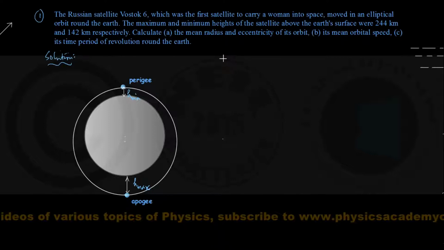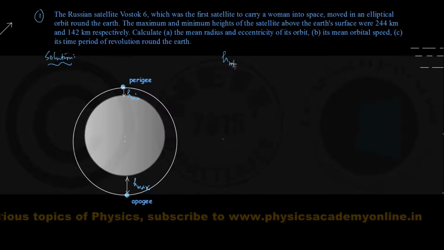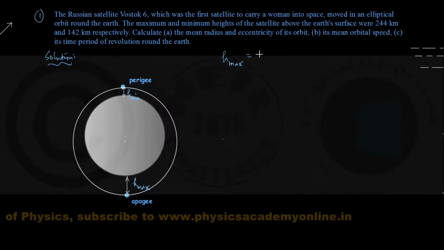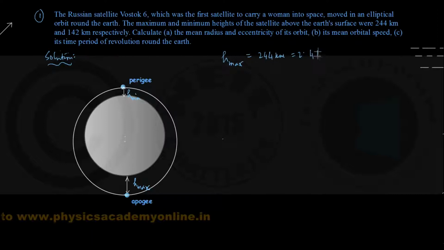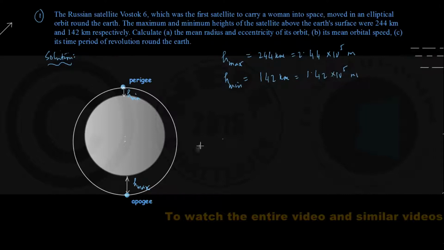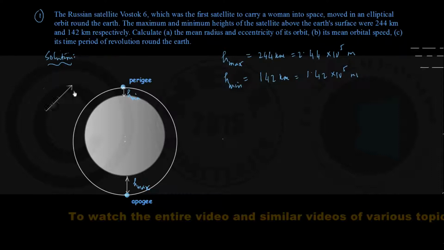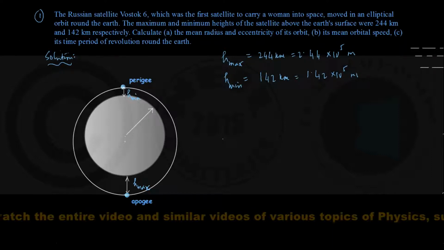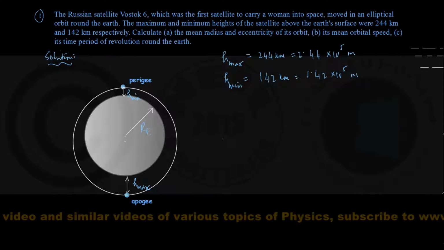They are telling us that H max is given to be 244 kilometers, which is 2.44 times 10 to the power 5 meters. And in the perigee position, the minimum height above the Earth's surface is given to be 142 kilometers, which is 1.42 times 10 to the power 5 meters. And let us take this to be the radius of the Earth, expressed by the symbol RE.